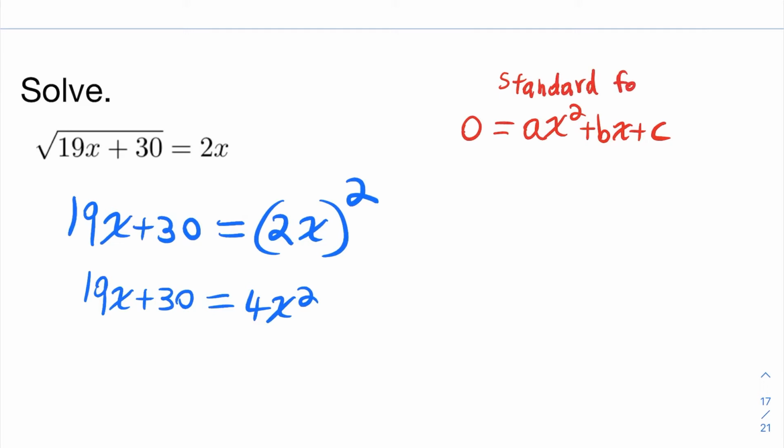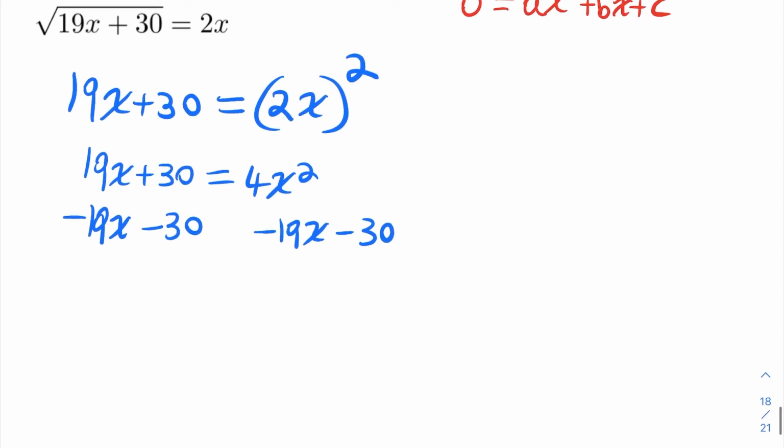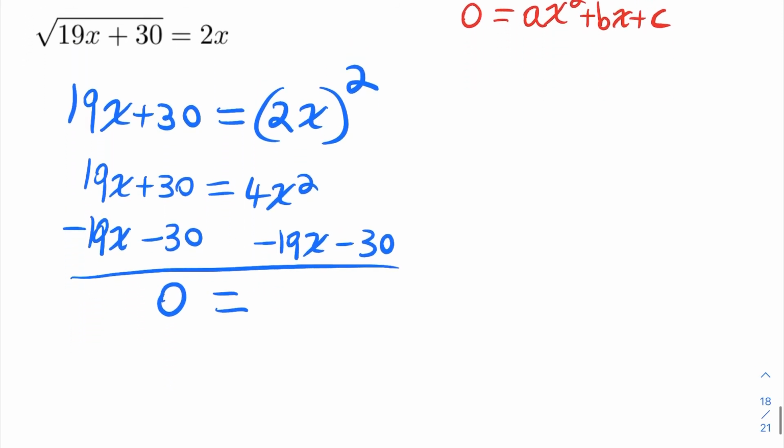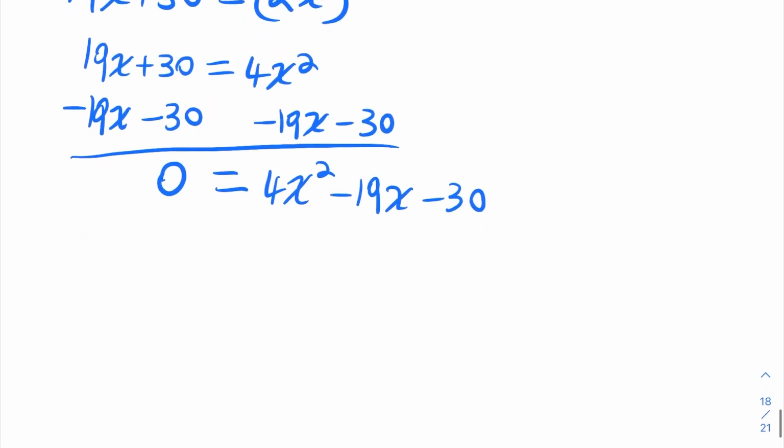So what I'm going to do is subtract the 19x from both sides and also subtract the 30 from both sides. So subtract 19x and subtract 30. On the left hand side I get the 0 that I need for the standard form, and on the right hand side it's just 4x squared minus 19x minus 30 because none of those terms were like terms.